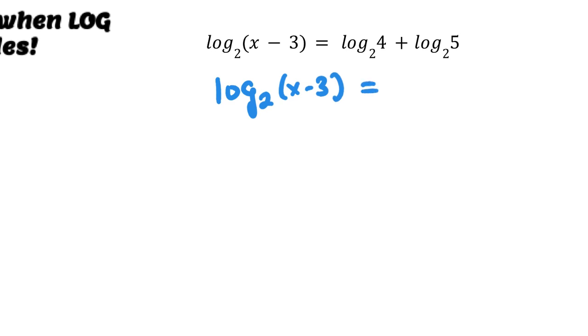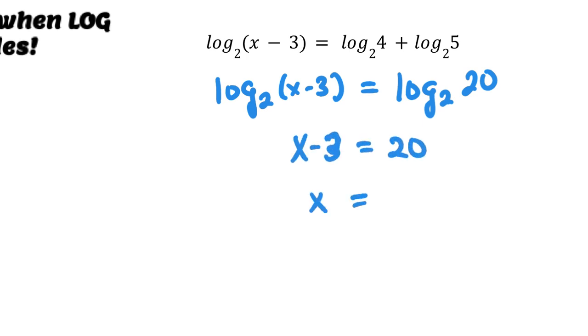Very, because if that minus 3 is not in parentheses, then it's not part of the log. What's the other one going to be? Log base 2 of 20. Now I have log base 2 equal to log base 2, which means I can drop my logs. X equals what? Very good. We okay with that?